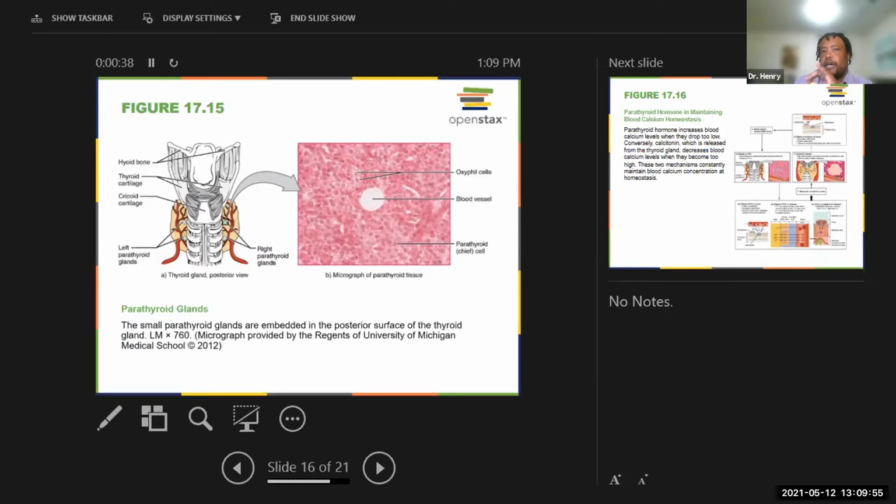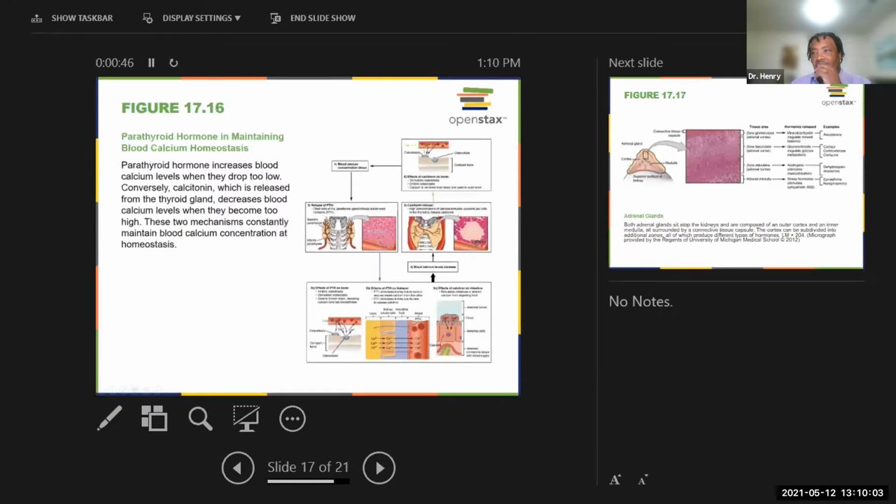So the PTH, the parathyroid hormone, is released by the parathyroid. Then it causes the stimulation of osteoclasts, which break down calcium from bone, but it inhibits osteoblasts.